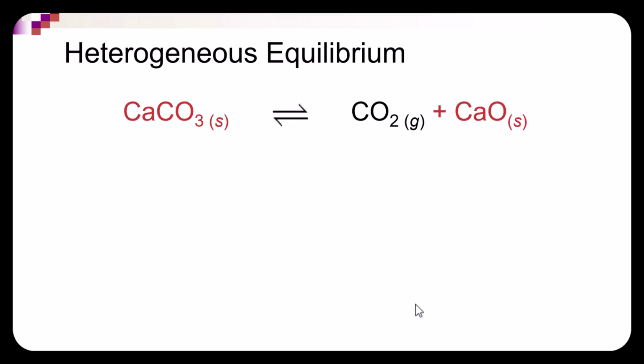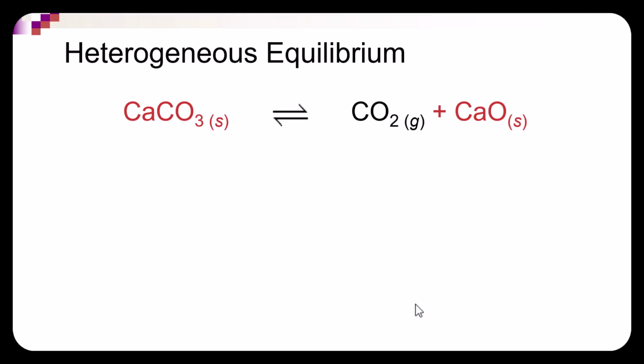This would be an example of a heterogeneous equilibrium. We've got calcium carbonate, which is a solid, producing carbon dioxide, which is a gas, and calcium oxide, which is also a solid.